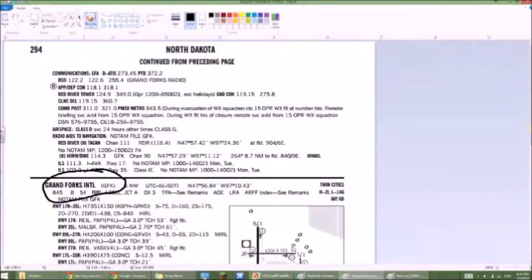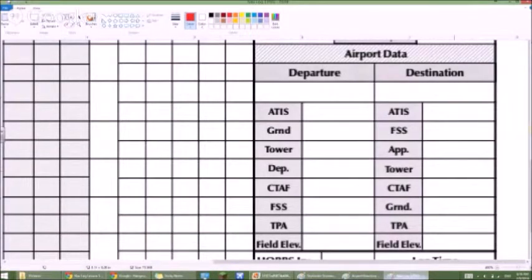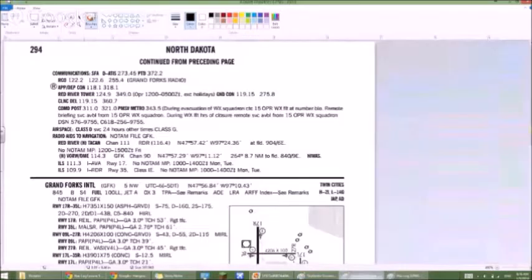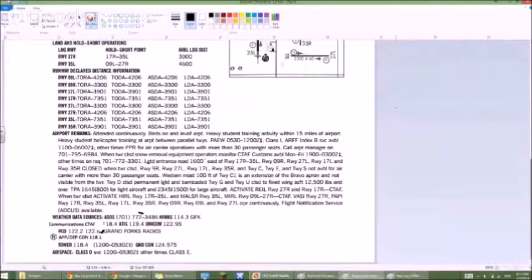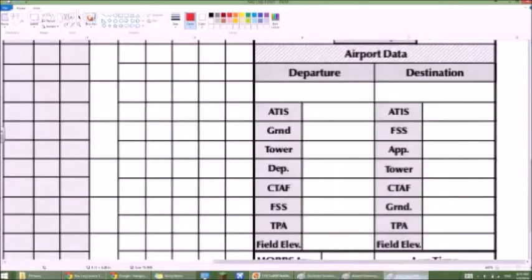Next, we'll be looking for the ATIS, which will be found right here. So the ATIS was 119.4, so you'll place that in this box right here.